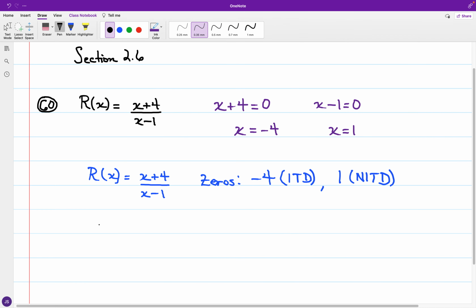And setting up a table of intervals, just like what we did with the polynomial functions. Between negative 4 and 1, negative 4 is the smaller of the zeros. So for the smallest set of values, we have those values less than negative 4. Then the next interval has values of x between but not including negative 4 and 1.